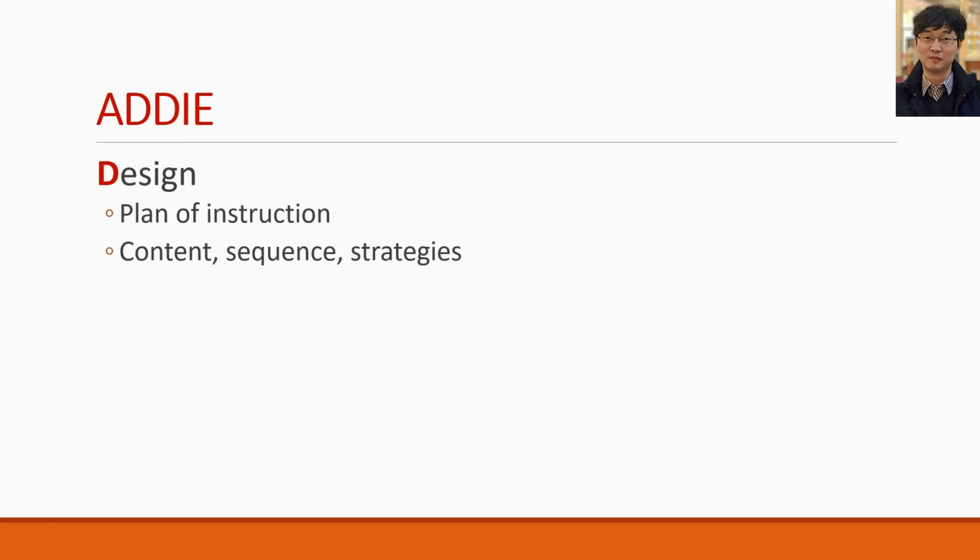For example, do we need group discussion or not? Do we need to ask learners to summarize the content or not? These are the things you need to consider in the design stage. At the end of this stage, you will have your design document ready.